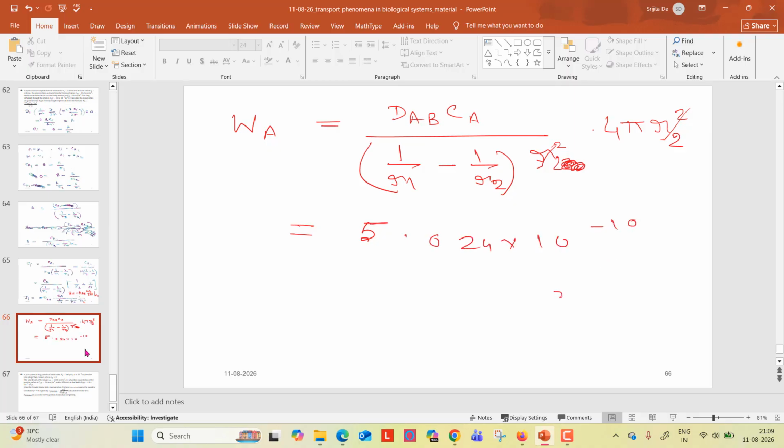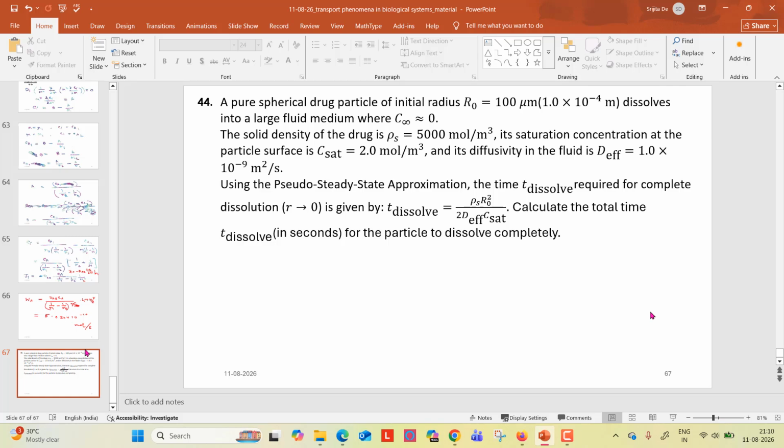Okay, you have to derive the expression for that. A pure spherical drug particle of initial radius r0 dissolves into a large fluid medium where C infinity equals 0. The solid density of the drug is ρS.